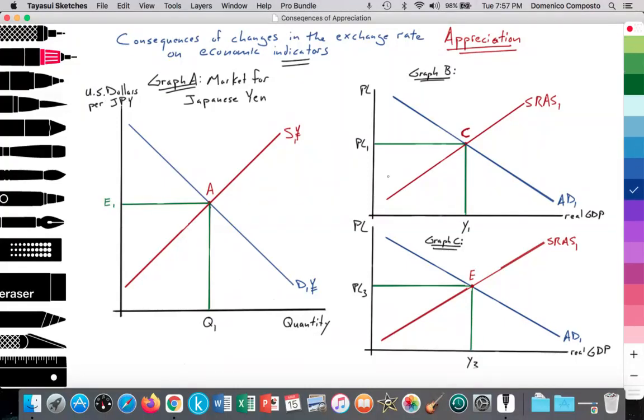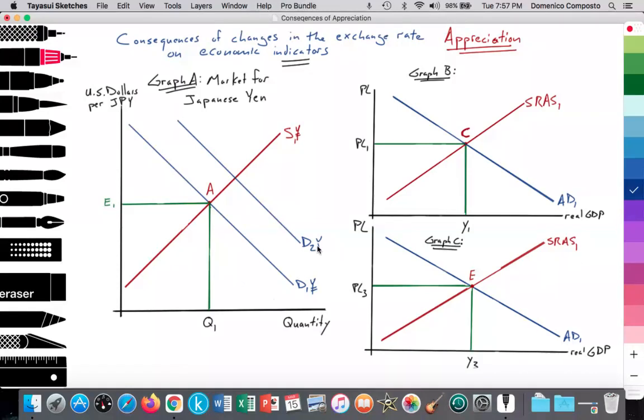And to illustrate an appreciation, we can either have the supply of yen decreasing as it's being absorbed out of the foreign exchange market, or we can also illustrate a rise in demand for Japanese yen. So let's use that one. So Americans from 1980 to 1988 are buying more and more Japanese exports, cars, electronics, and so forth.